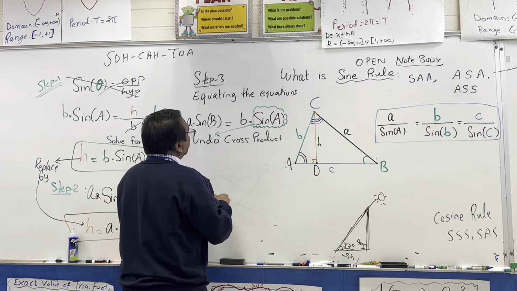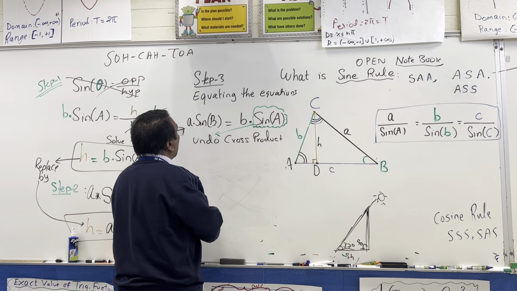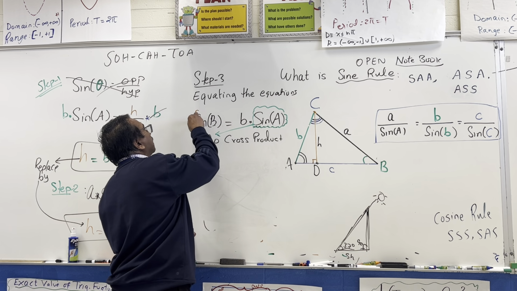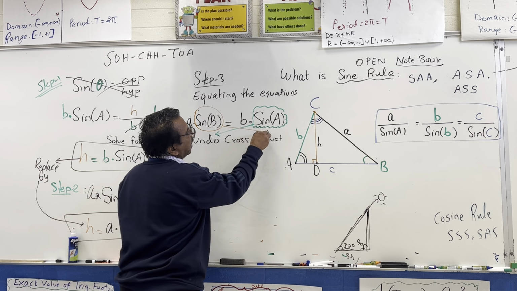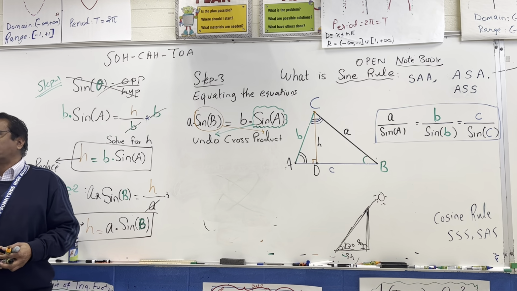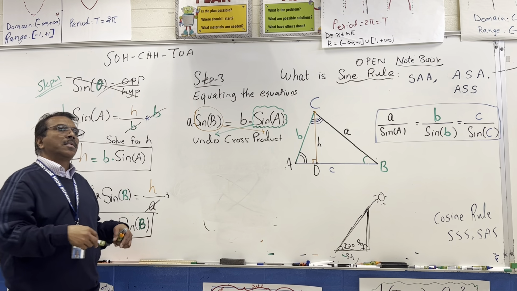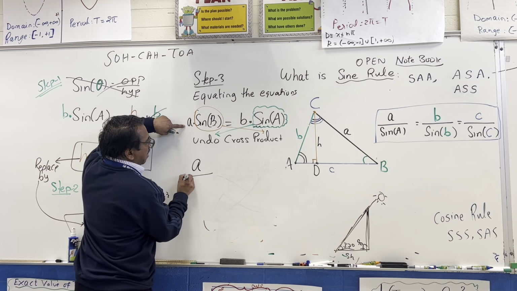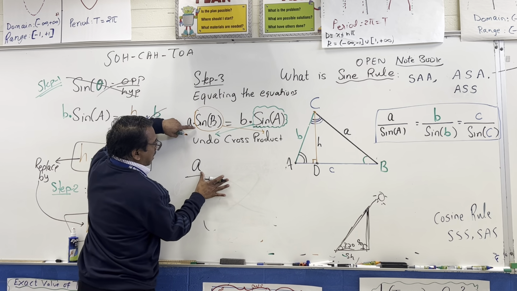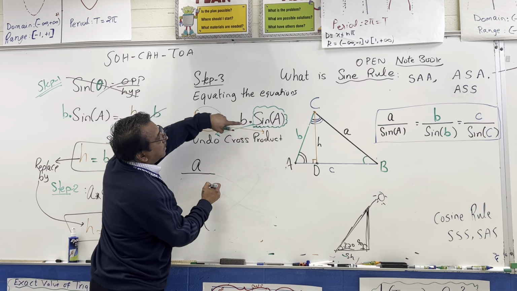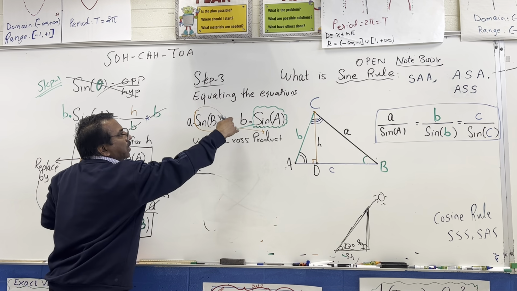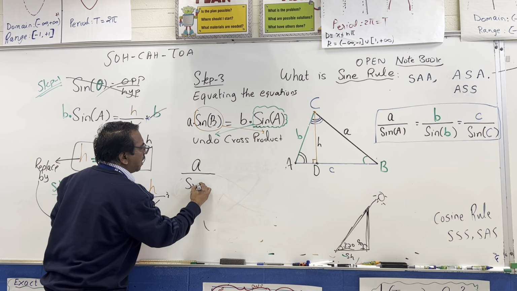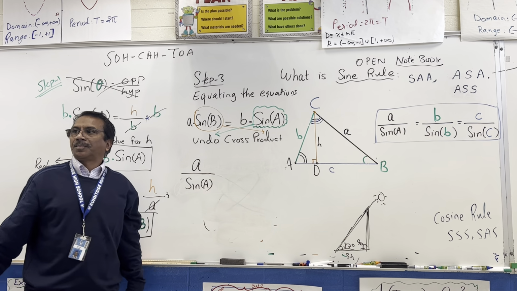And then the orange color, let's say this part, you multiply this side. I mean, it gets divided. So undo cross product. So this A stays up there. So A divided by this A stays. And this sine A is divided on the left side, sine A. Yes or no?